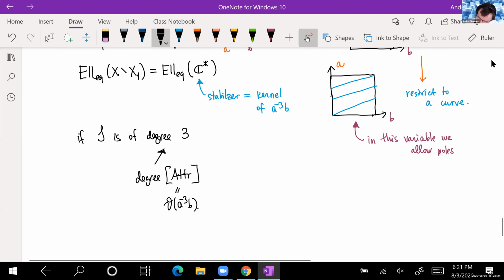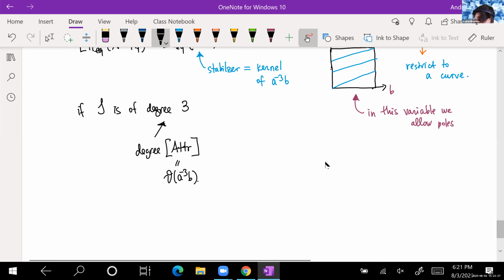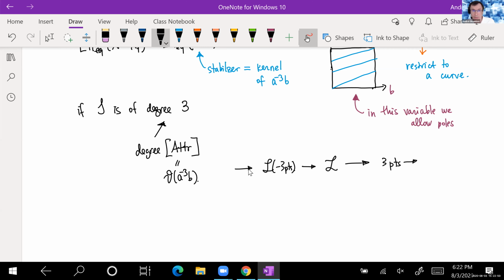In other words, on an elliptic curve, I have a line bundle, and then I take its values at 3 points, and then here will be L twisted by minus the 3 points. Then the cohomology, all the cohomology of L minus 3 points, that is typically 0 unless this bundle is trivial.